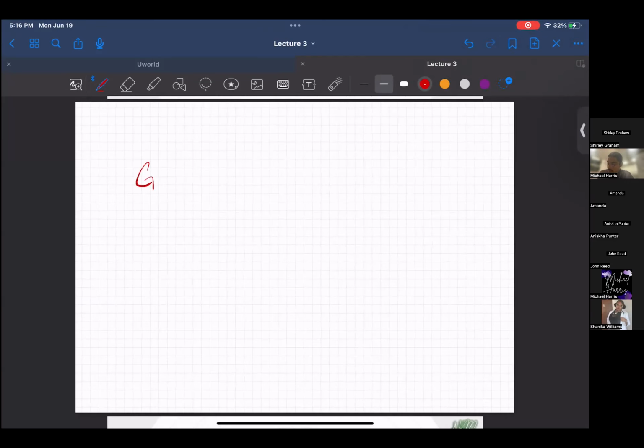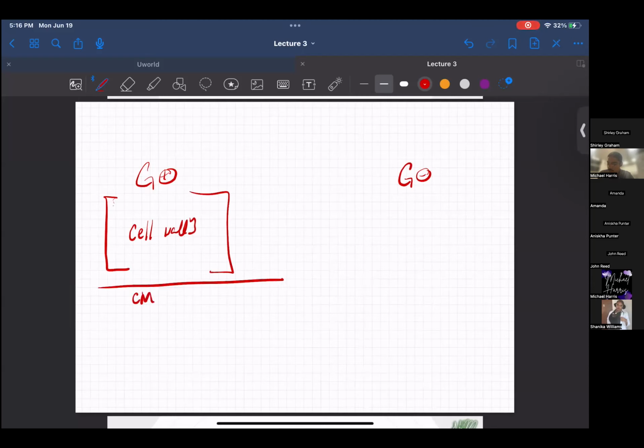You've got gram-positives and you've got gram-negatives, okay? In gram-positives, you've got this big cell wall, okay? And then you've got the cell membrane, and then you've got the matrix inside, okay? In gram-negatives, you've got a very small outer membrane, followed by just kind of a space, and then you have an inner membrane.